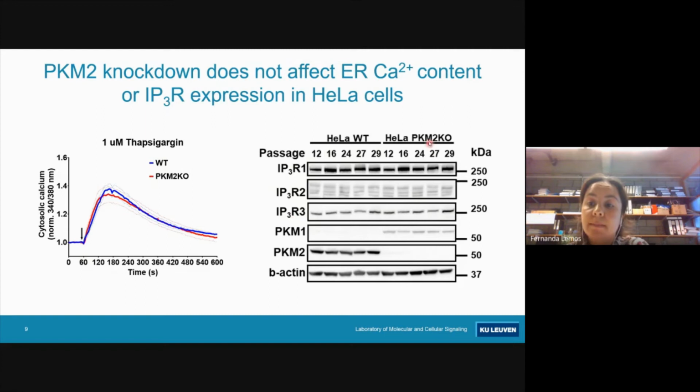However, in these PKM2 knockout cells, you can see an upregulation of PKM1, in a way to compensate for the absence of PKM2 and keep glycolysis functioning in the cells.